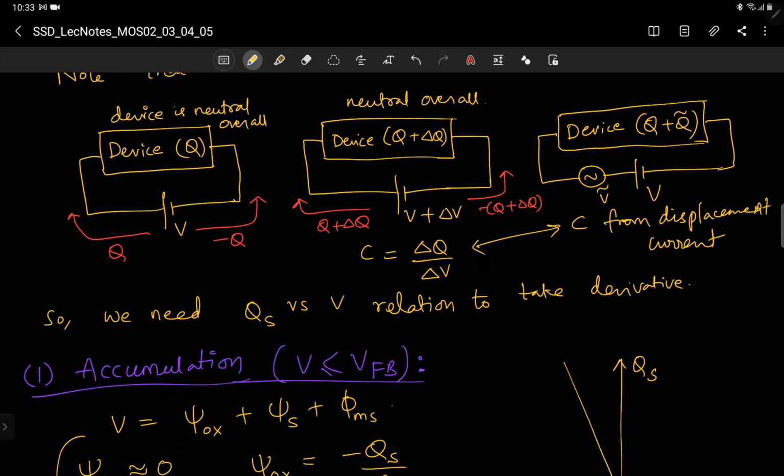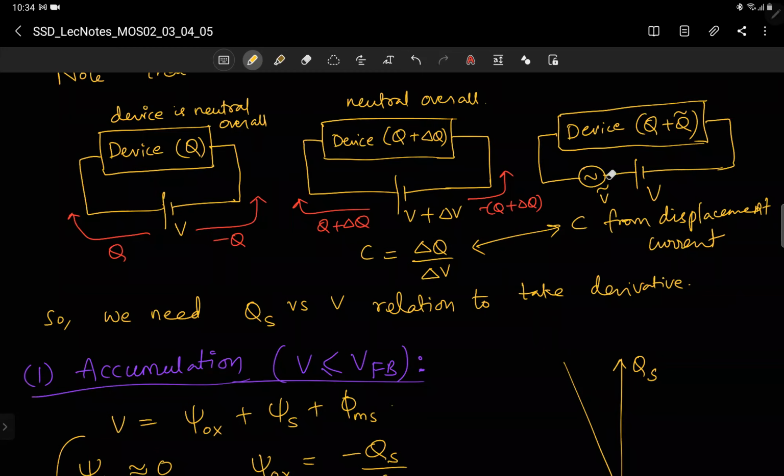And this becomes the same as C from displacement current. Say now you have V and then Q, with the sinusoidal V resulting in sinusoidal Q. Which means there is some sinusoidal current flowing in the device on top of the DC current. If there is an offset between V and I, then there will be some capacitance also.